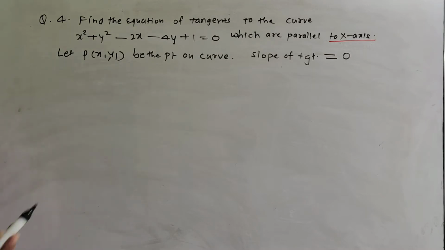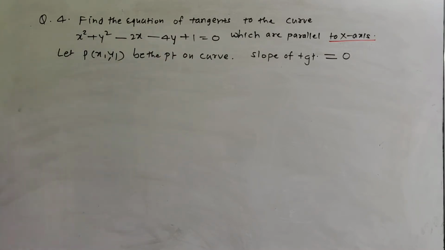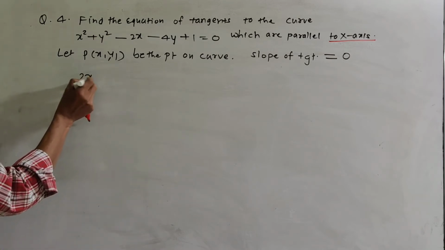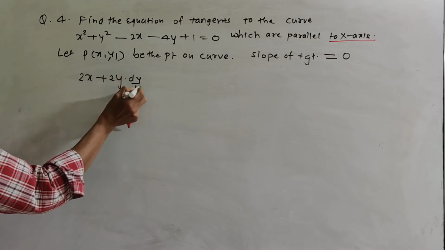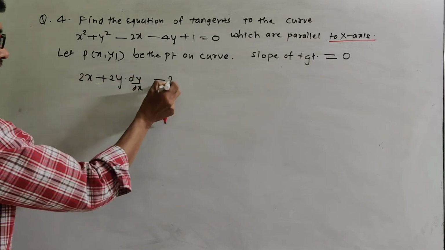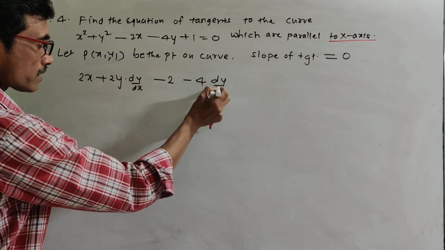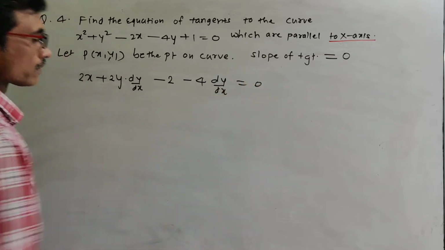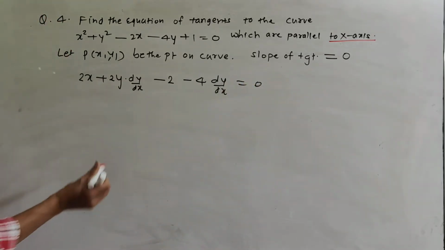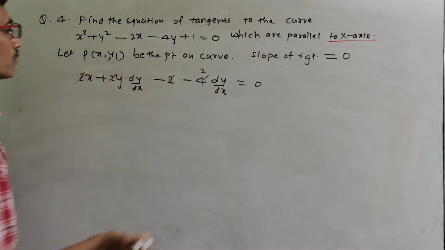This is an implicit function. We will find the derivative of the implicit function by differentiating each term with respect to x. So it will be 2x, here 2y dy by dx minus 2, derivative of this, minus 4 dy by dx and derivative of 1 is 0. Here we collect the dy by dx term. Before that 2 cancels.